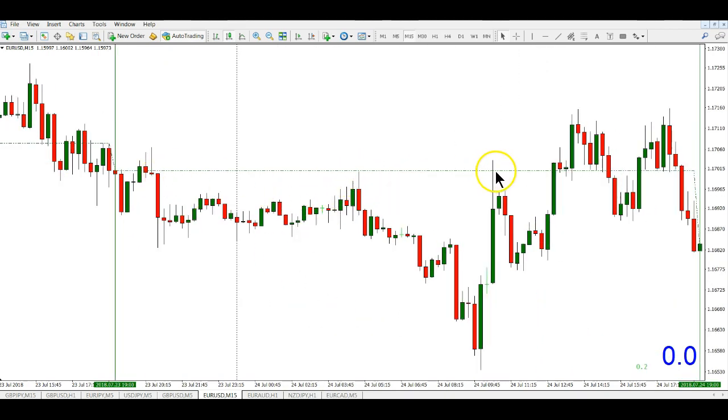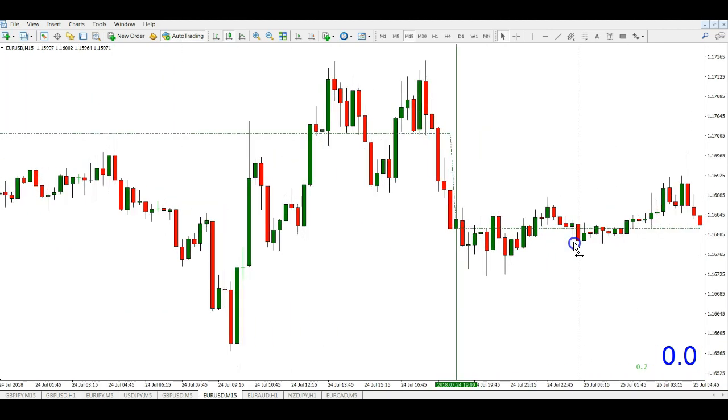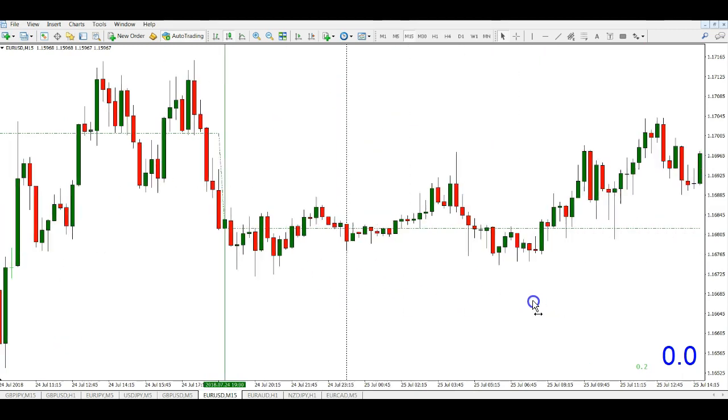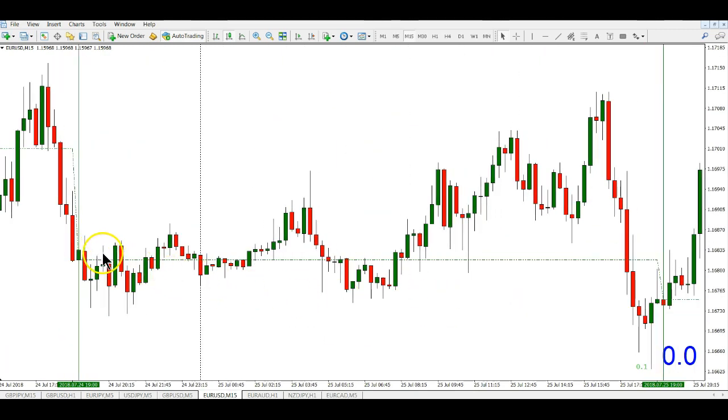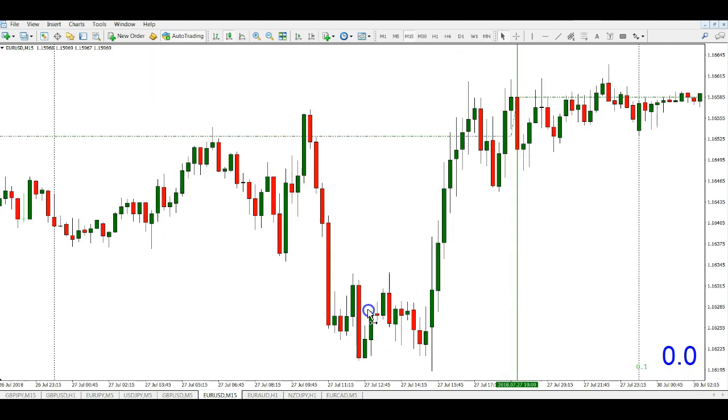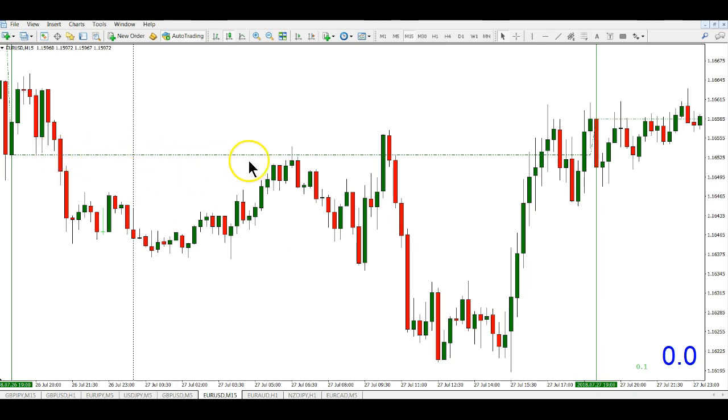It still is respected. All these bounces right on the 12 p.m. line, 12 p.m. open. Again, you can see down through here how there's one.